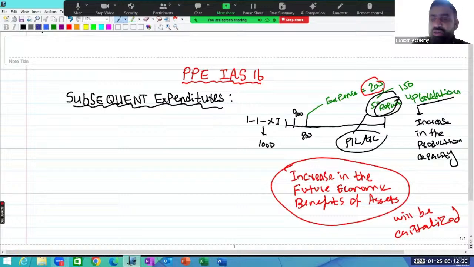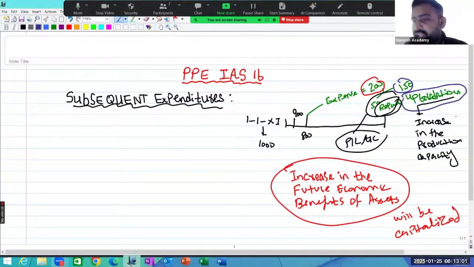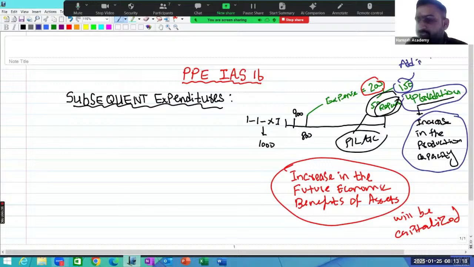But the expenditure of 150 US dollars, which is an upgradation in the asset, has increased the production capacity of the asset. Now, this is the expenditure which has increased the future economic benefit of the asset. And this subsequent expenditure will be added in the carrying value of asset.